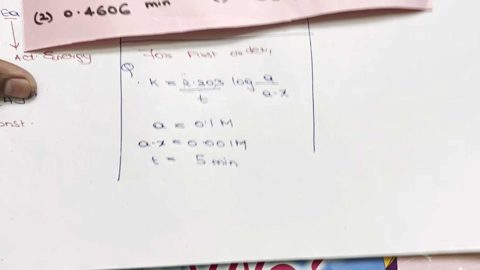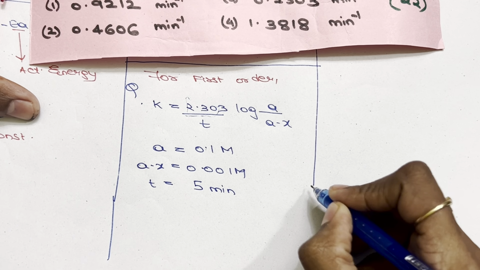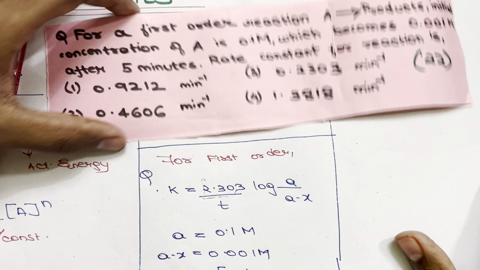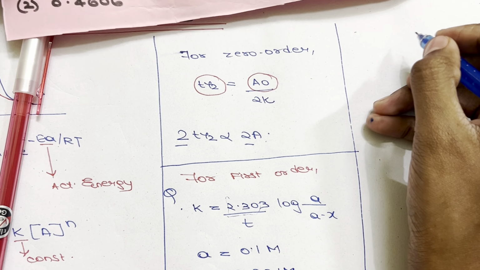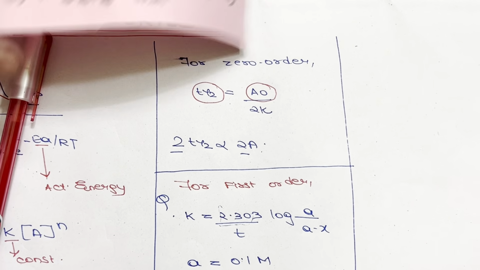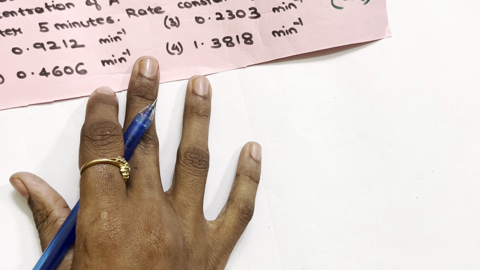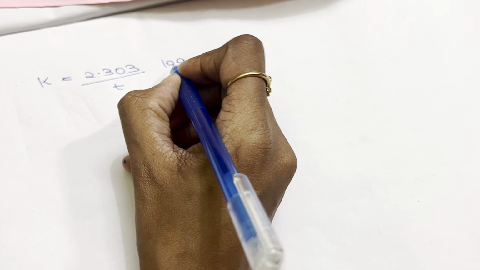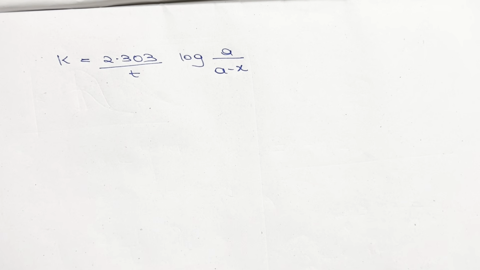By putting the values into the formula, let us solve the question. We will solve on the next page. So k = 2.303 upon t into log of a upon a minus x.